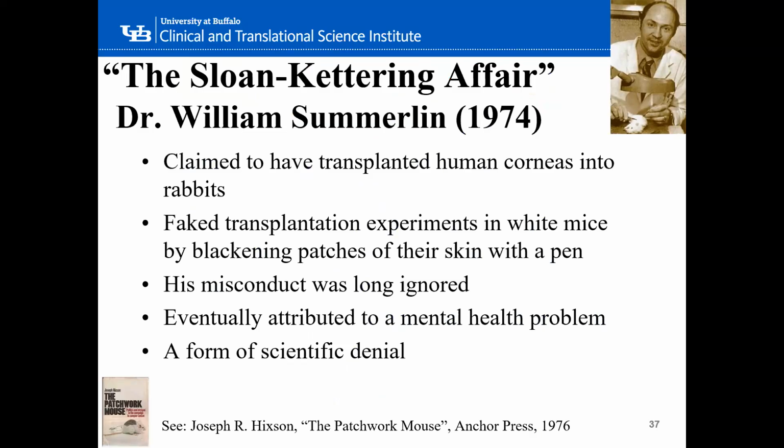He had faked transplantation experiments in white mice by blackening patches of their skin with a Sharpie pen, essentially. His misconduct was basically overlooked, and eventually they attributed it to a mental health problem. Recall that quotation from Daniel Koshland, the editor-in-chief at the time of Science magazine.